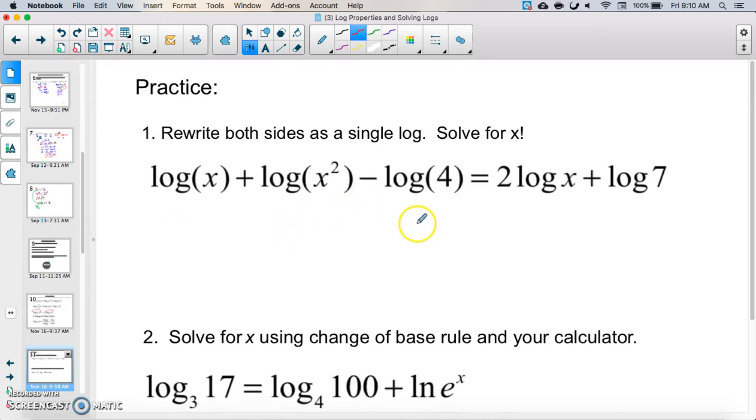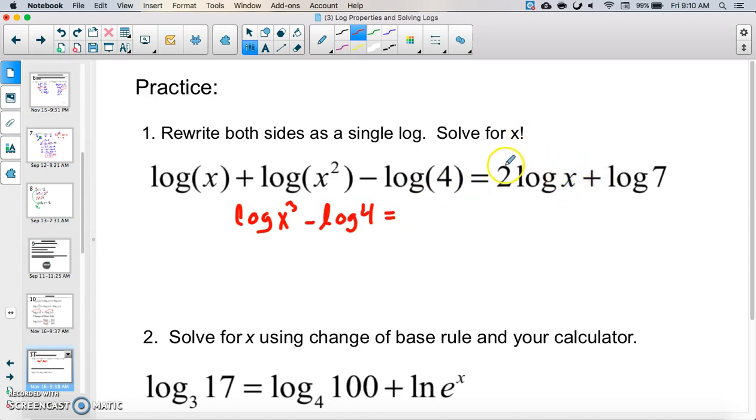All right, so using those properties. If I want to rewrite both sides as a single log and then solve, I'm going to start with trying to use those properties. So we've got addition, which is like multiplying, so I'm going to multiply these together. So I'll have log x times x squared is x cubed, minus log 4.